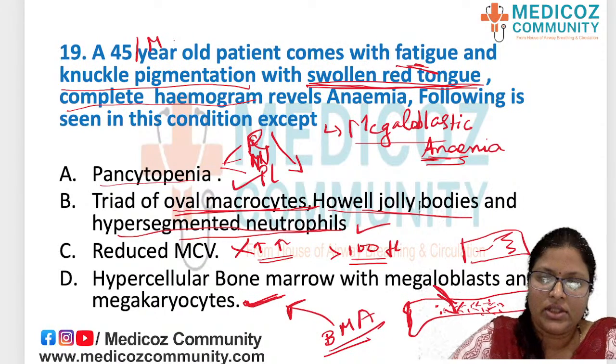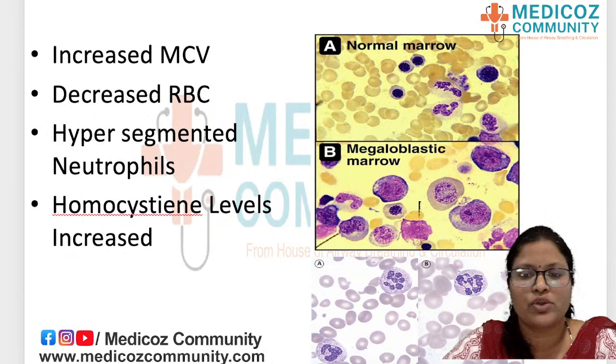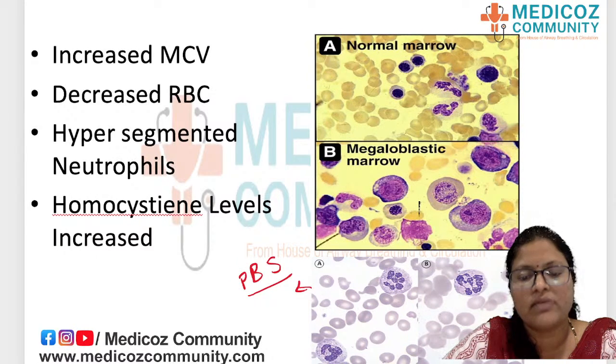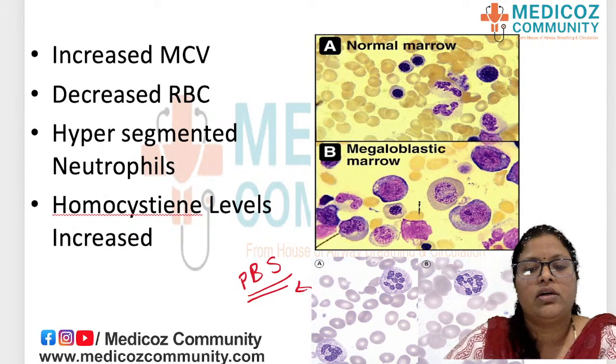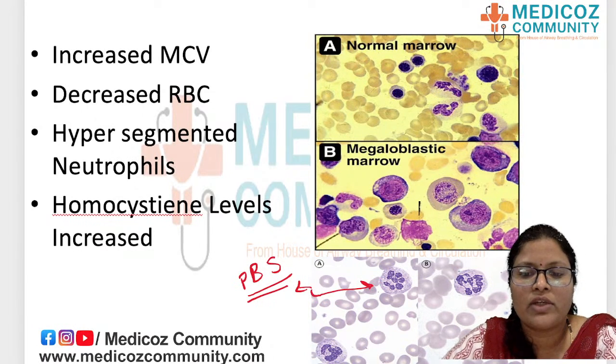Okay. So let me also show you this picture because they can give you this as an image also. So this image over here is a peripheral blood smear. What do you mean by peripheral blood? When they draw blood from the periphery, from the vein, and then they check. So this is the peripheral blood smear where you're seeing a hypersegmented neutrophil.